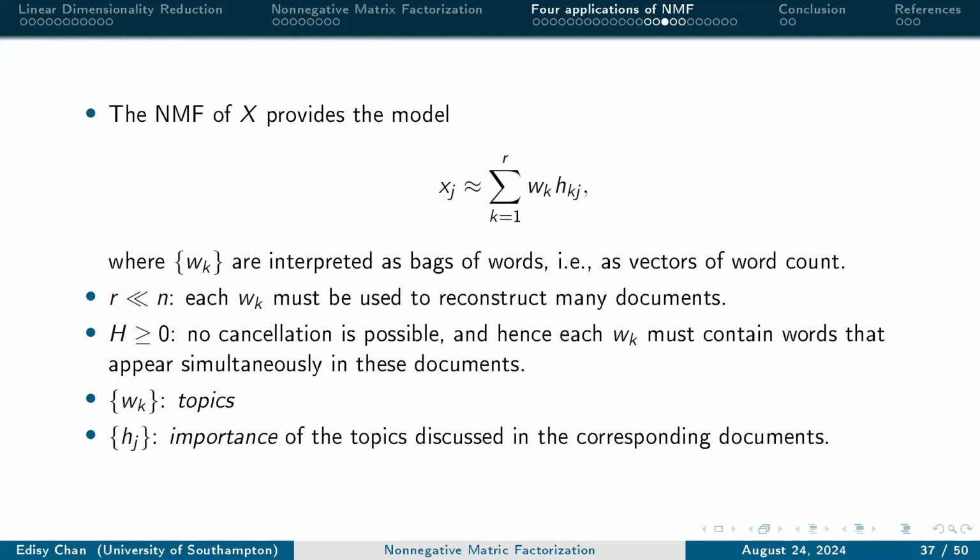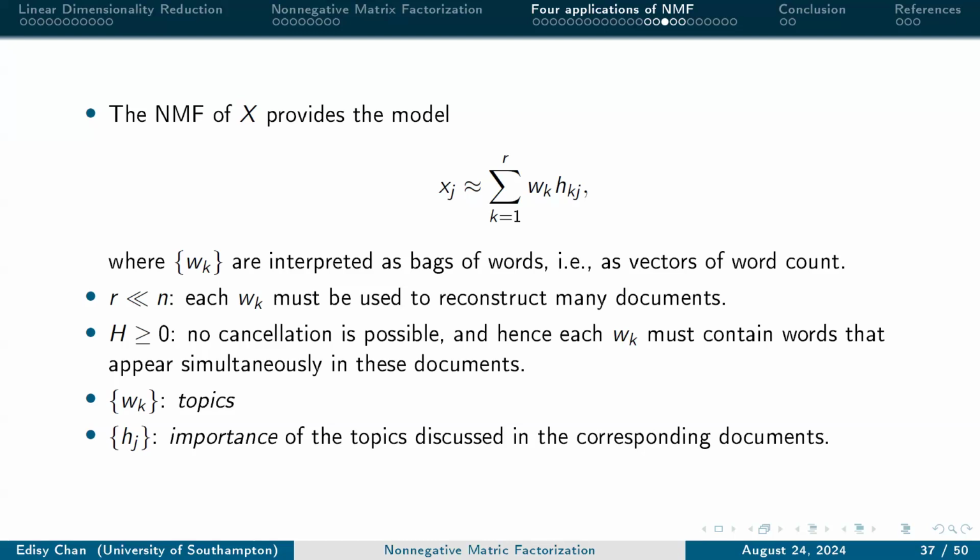Maybe many documents are talking about deep learning and the things related to deep learning. So now the W column there would be maybe the vectors of the word count in that topic, deep learning.